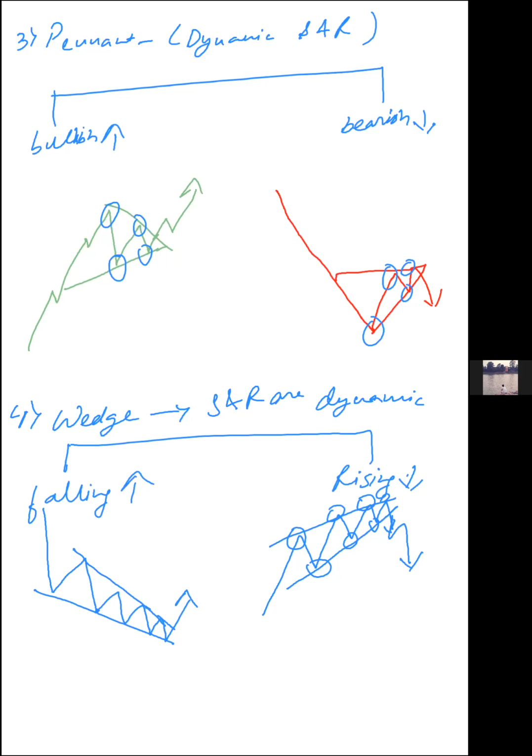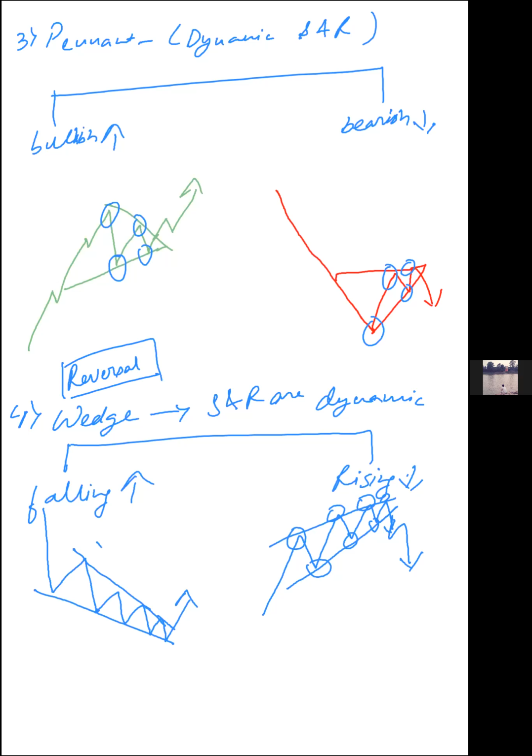All the three patterns, the pennant, ascending triangle, descending triangle, those are continuation patterns. But wedge is a reversal pattern. This is a reversal pattern.